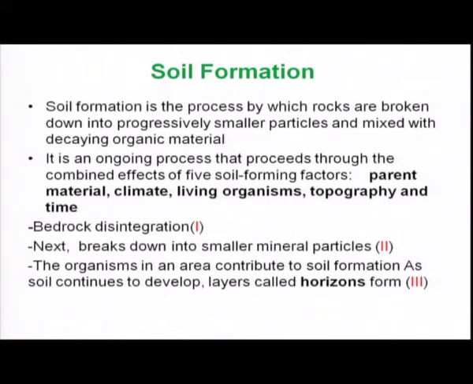It is an ongoing process that proceeds through the combined effect of mainly 5 soil forming factors, namely original parent material, climate, that is weather, living organisms that are present, and topography and time. All these things determine the weathering pattern and soil formation.